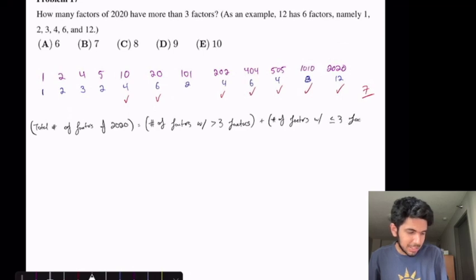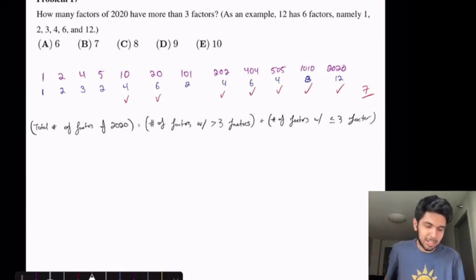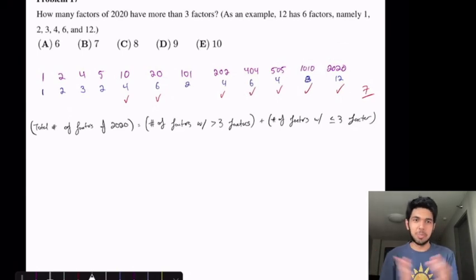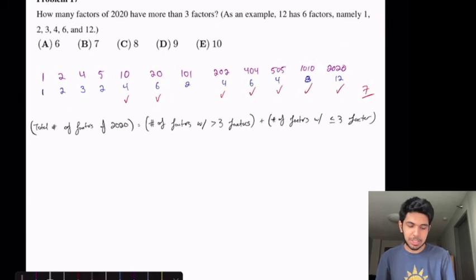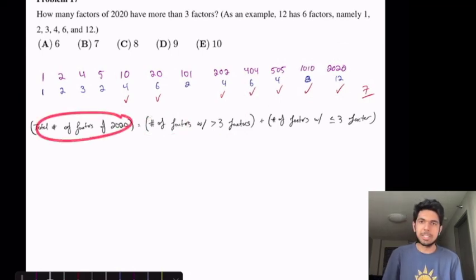Because either its factor has less than or equal to 3 factors or more than 3 factors. It falls into one of these categories, they're disjoint, so when we add them together, we'll get the total number of factors. Because for something to fall into one of these categories, it must also be a factor of the number, so we are indeed counting the total number of factors.